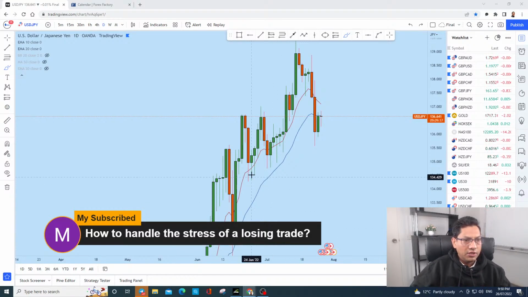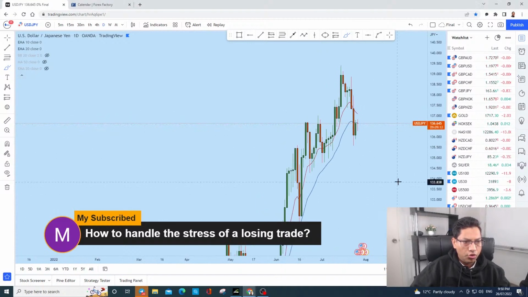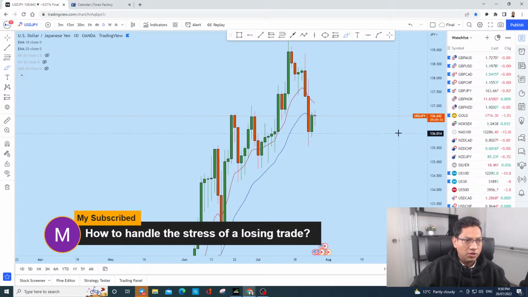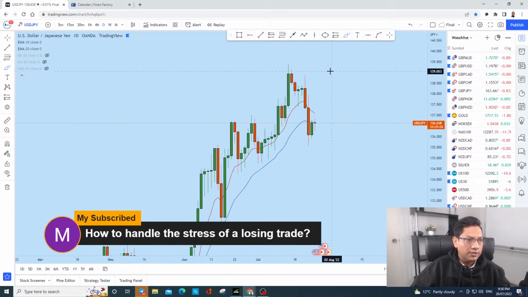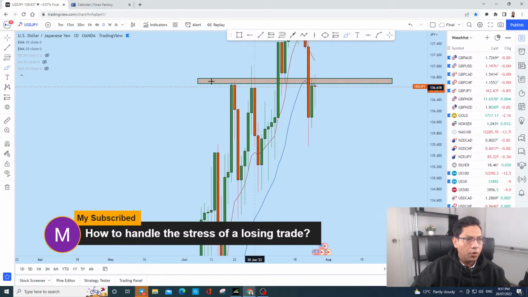The reason I think that if this one closes as a doji, dollar yen will drop is, first of all, as I told you, this is a resistance here, and support here. That can give us a support for this doji, and that's a very important area of value.